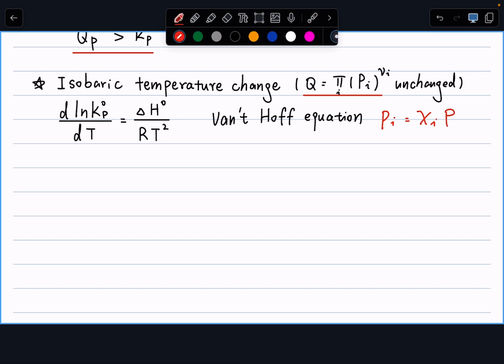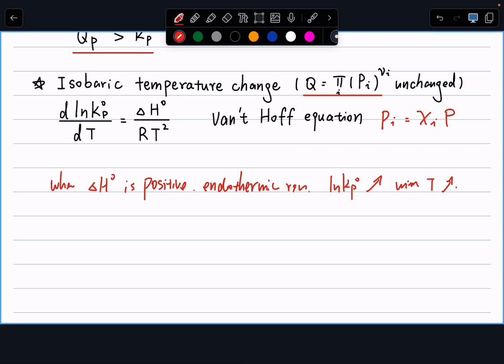In this case, we're trying to say, what is the nature of the reaction? When my delta H naught is positive, what do we have? A positive delta H naught means we have an endothermic reaction. So my ln Kp naught will increase with temperature.